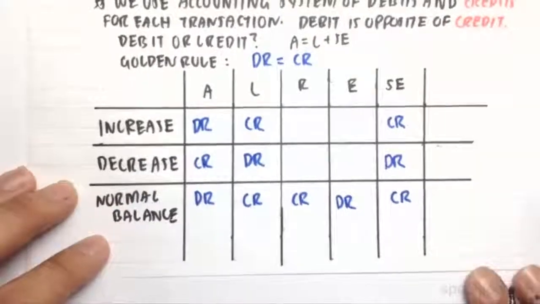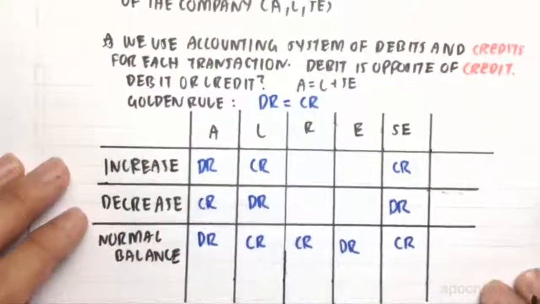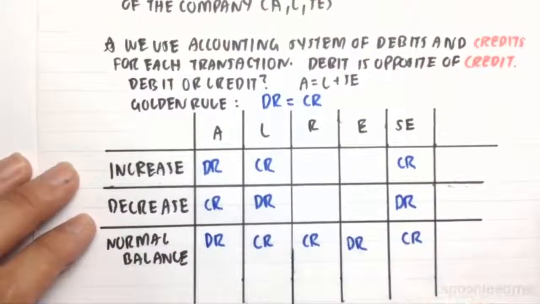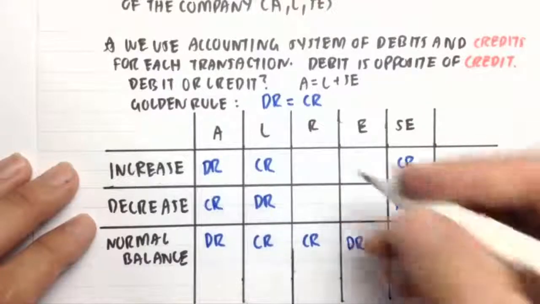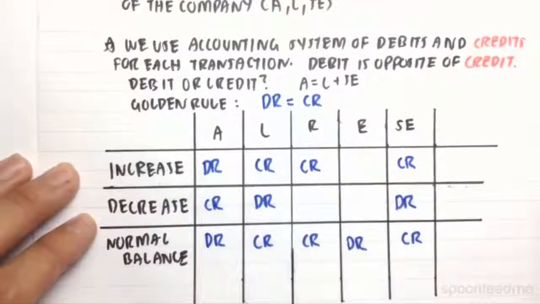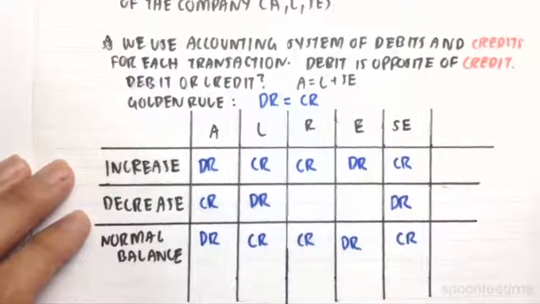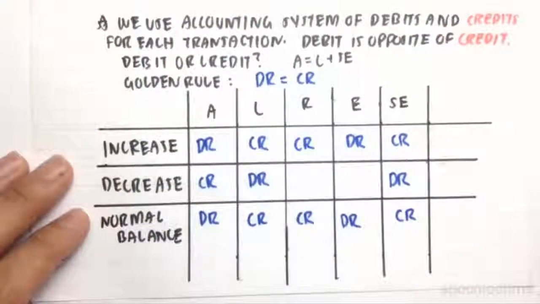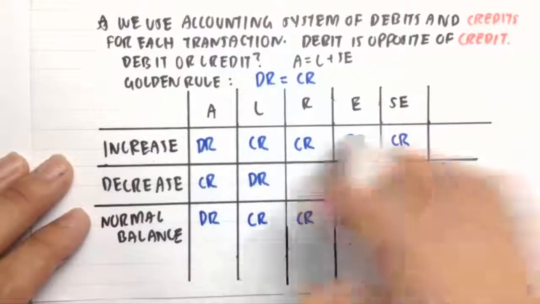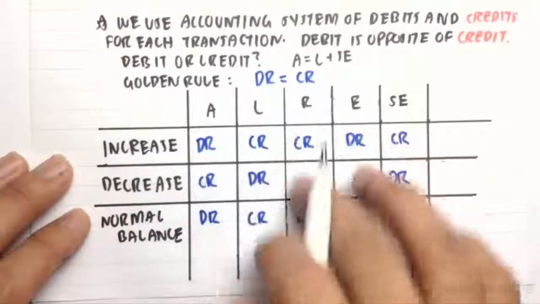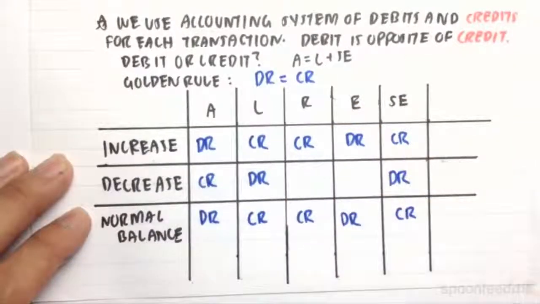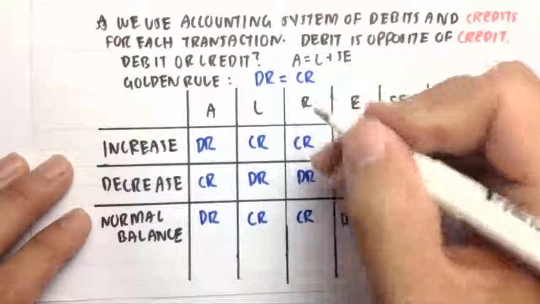And obviously, if there is an increase in revenue, that will be a credit. And if there is an increase in expenses, there will be a debit. We don't usually have values for decreasing revenue and decreasing expenses. But if we do, for the sake of it, all we need to do is just flip the signs.